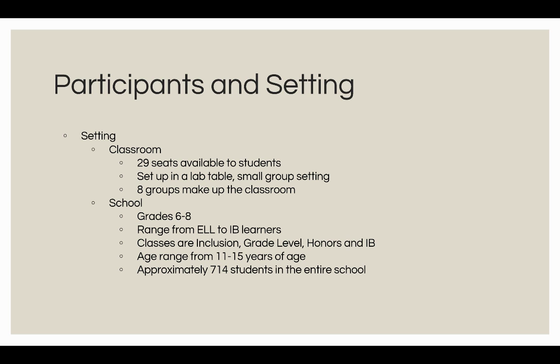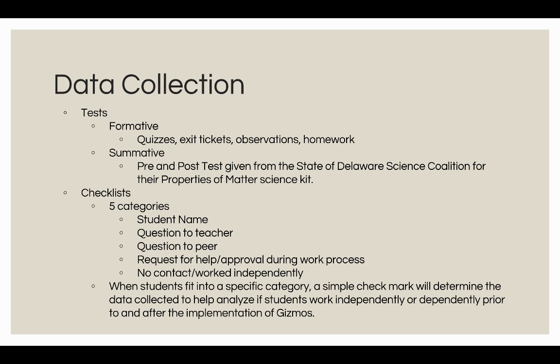It's set up in a lab table or small group setting, and there are 8 groups that make up the classroom. The school consists of grades 6 through 8, and they range from ELL to IB learners. Classes included at Talley are inclusion, grade level, honors, and IB. The age ranges from 11 to 15 years, and there are approximately 714 students in the entire school.